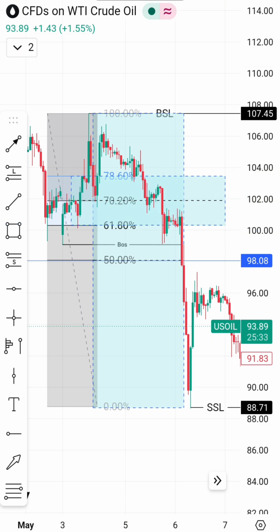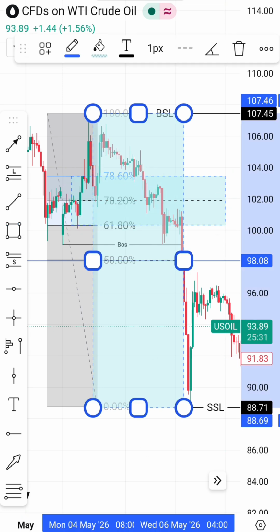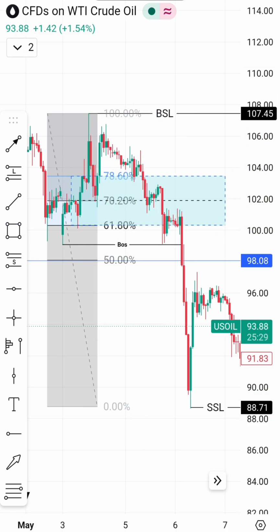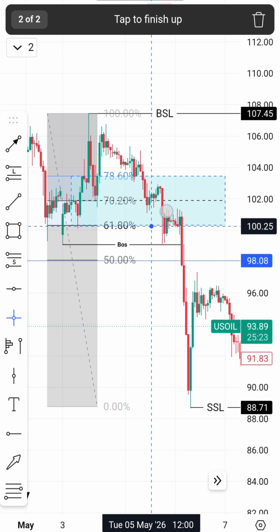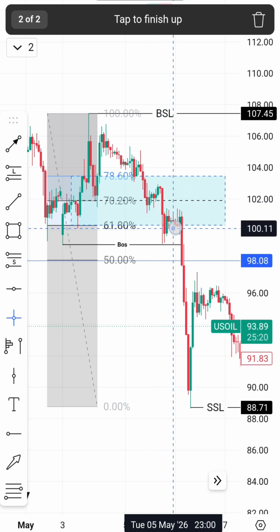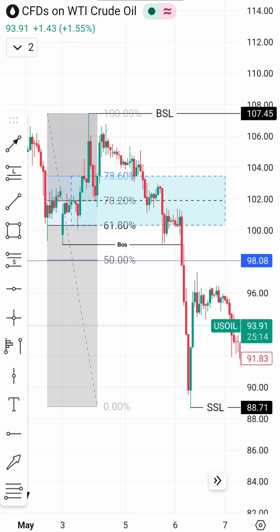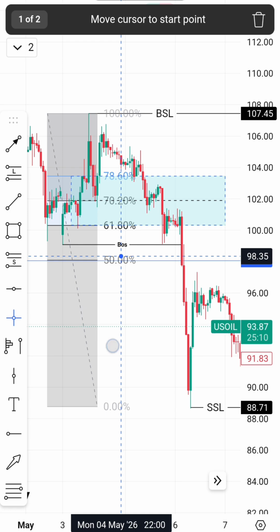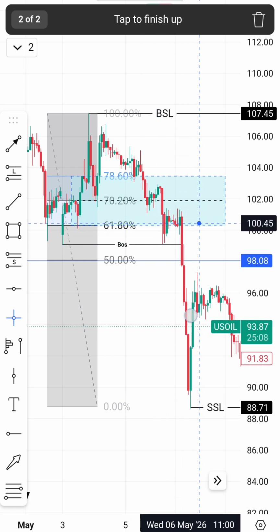Let me remove this so that we can see what is in between there. And where are we looking? We are looking at this zone. Now, I want you to see something that fortunately it has happened here, so I will let you see. Can you look at this level, 61? I love entering my entries at this 61 level.